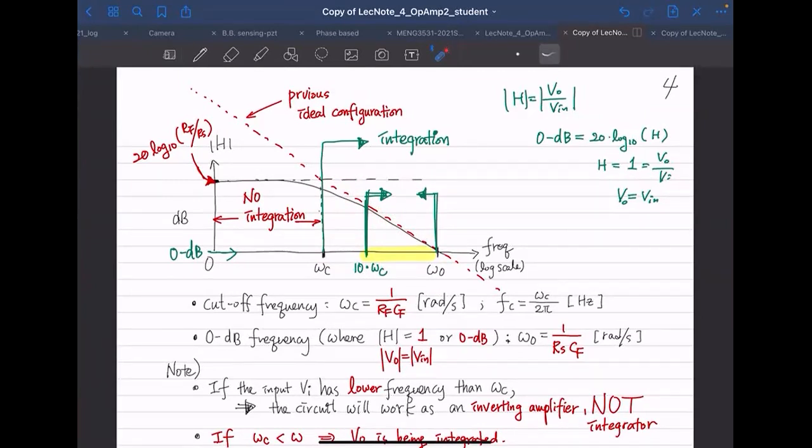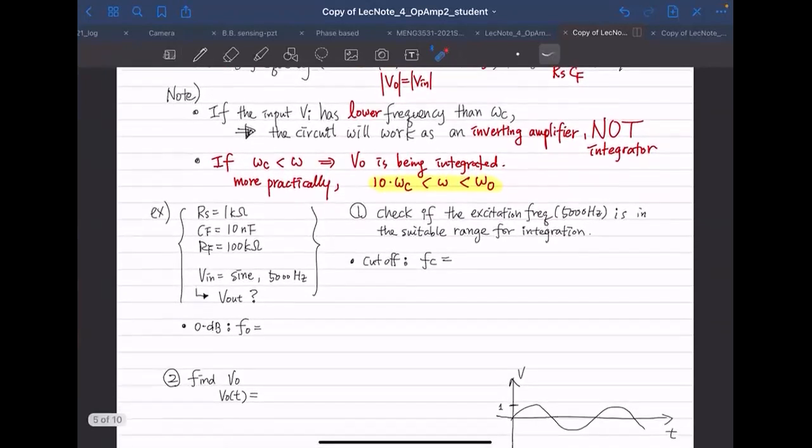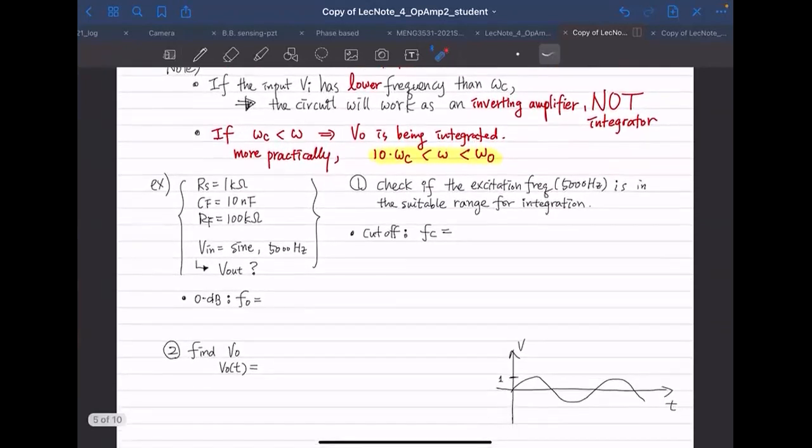And that's what we talked about. Now we would like to try a simple example problem so that it may help this understanding, okay? The problem here is we are given these values, RS, CF, and RF, as shown.